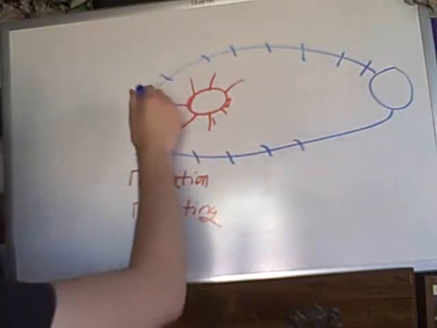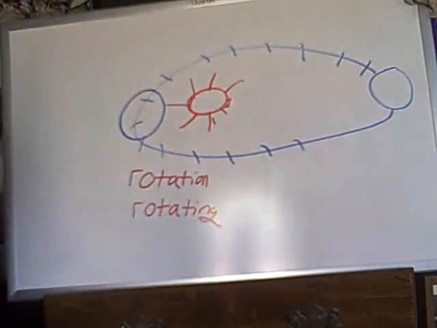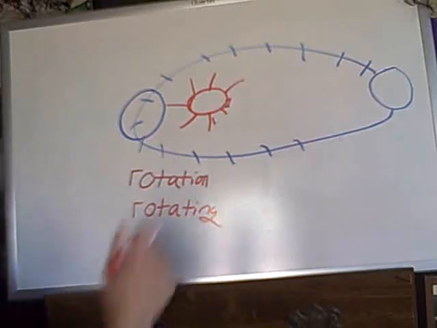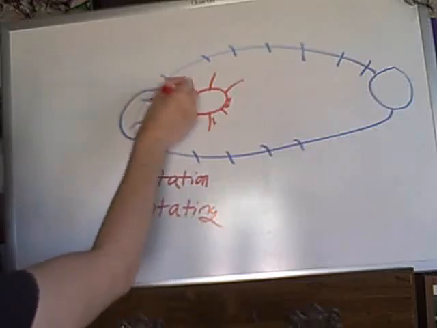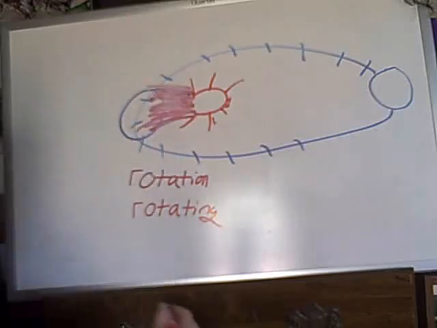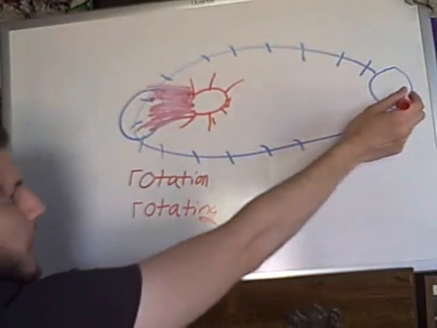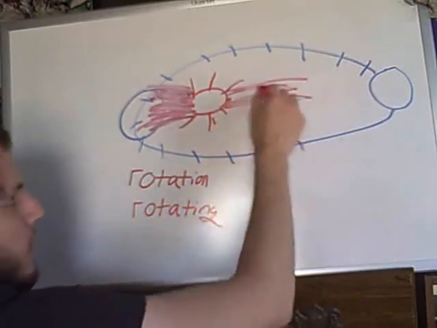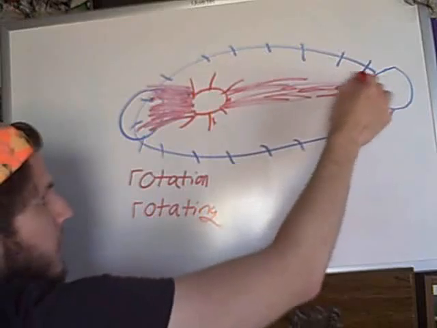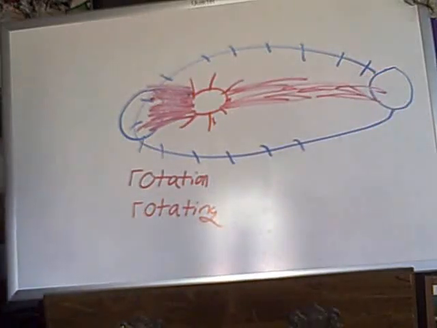So when we are here, we are a lot closer and there is more heat being sent to the earth. But when we are farther away, not as much is able to reach us.